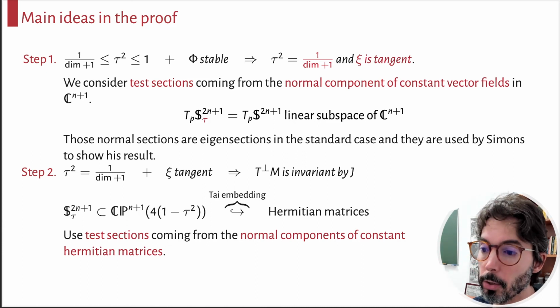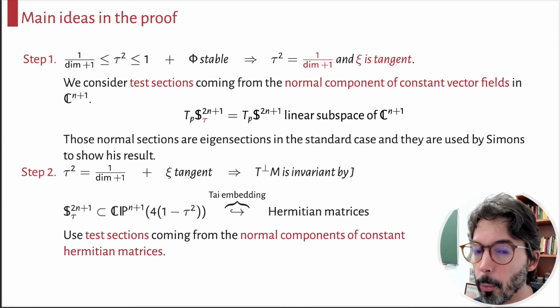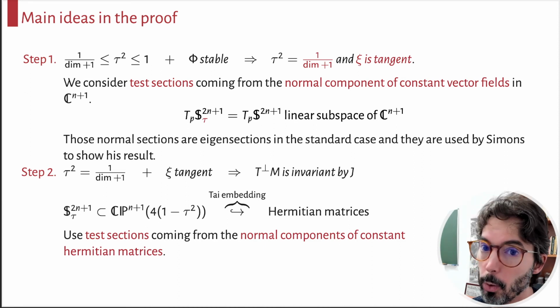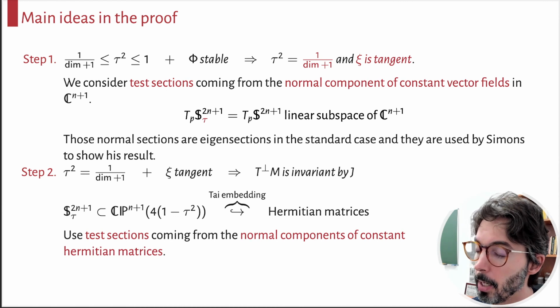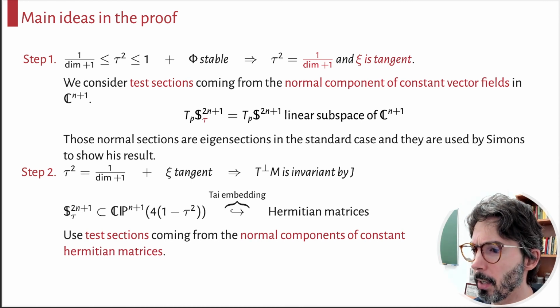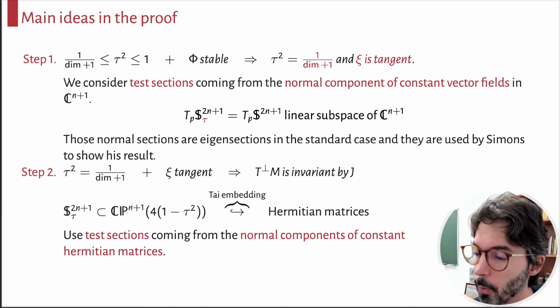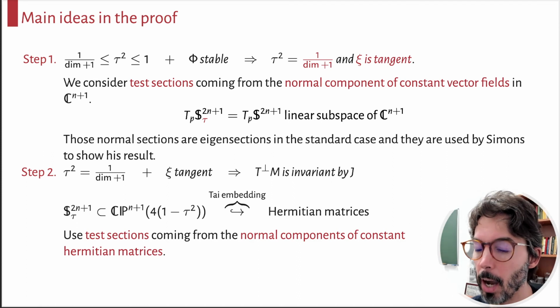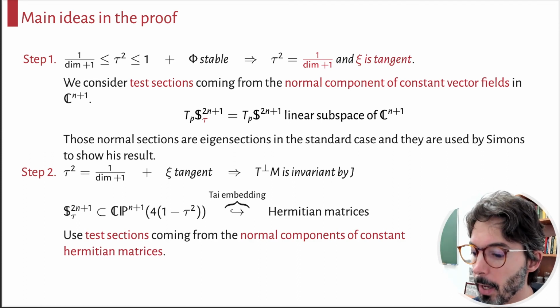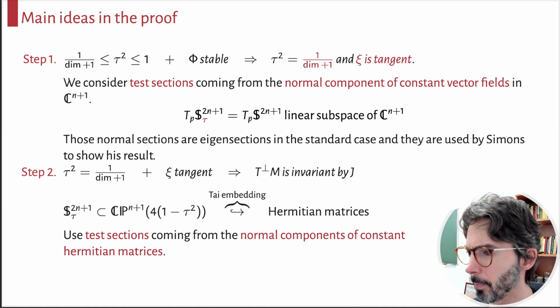So now if I consider a constant Hermitian matrix, I can decompose it into normal and tangent components to the Berger sphere, and then the normal component to the complex projective space. This orthogonal component to the Berger sphere, or to our submanifold, is the one that we use as test section inside our index form to exploit the stability hypothesis.